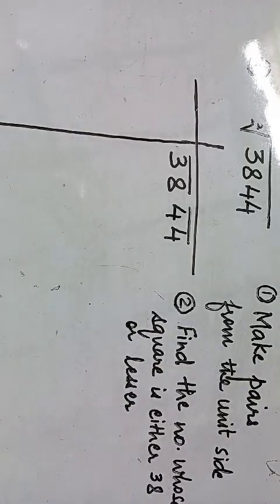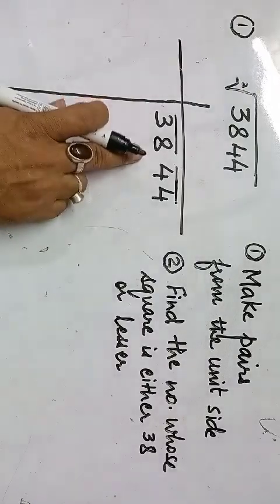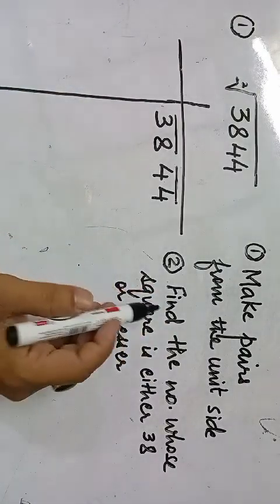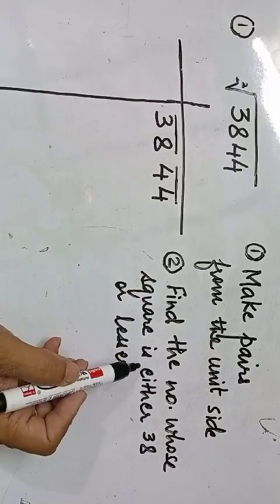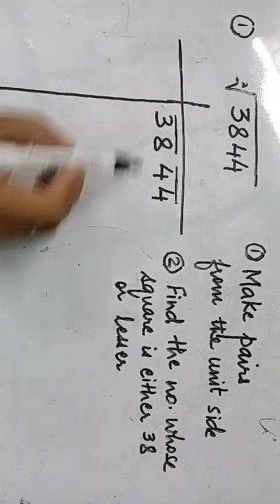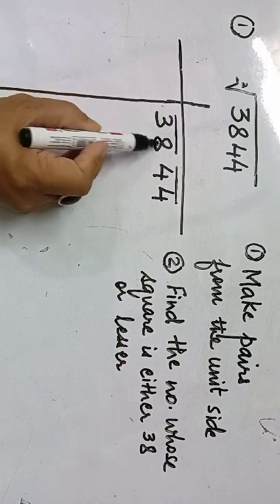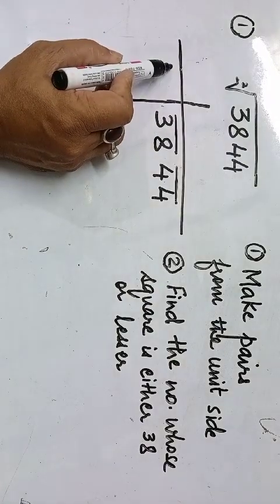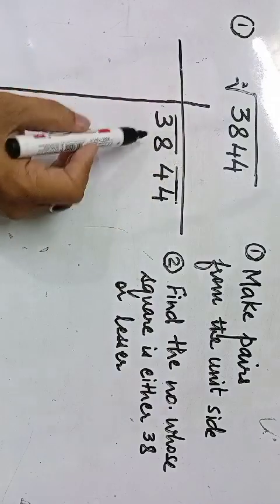I am going to take up this example and use it in the steps that I am telling you. So find the number whose square is either 38. Why 38? Because I have my first pair here as 38. So I have to choose a number whose square gives me 38.